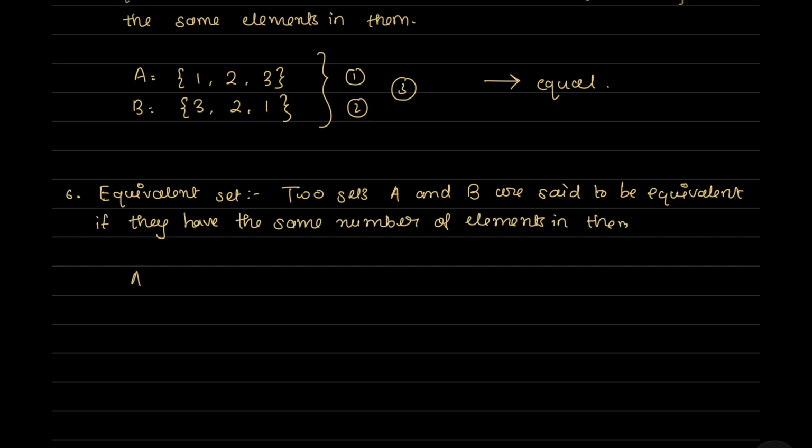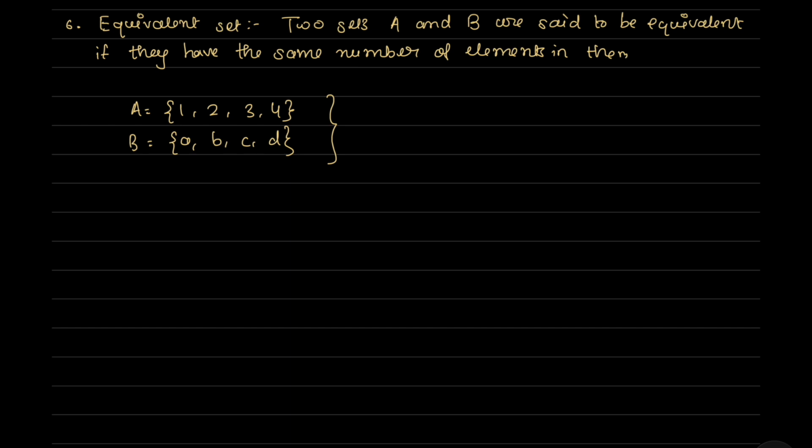For example, suppose by some definition you have these two sets A equal to 1, 2, 3, 4 and B equal to A, B, C, D. Now, what is the number of elements in set A? It is 4. Set B also 4. Here you can see both the sets have the same number of elements in them, that is 4. So this implies that A and B are equivalent. Alright. Equal set means the two sets have to have the same elements in them, whereas equivalent means that the two sets will have to have the same number of elements in them.